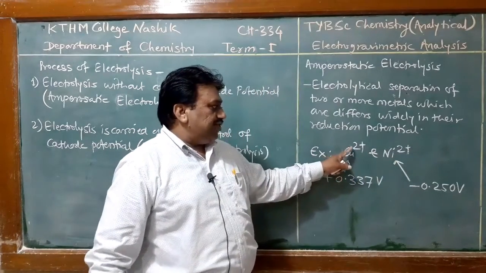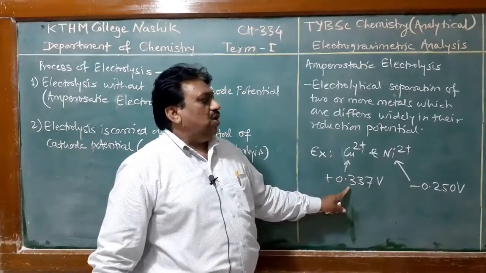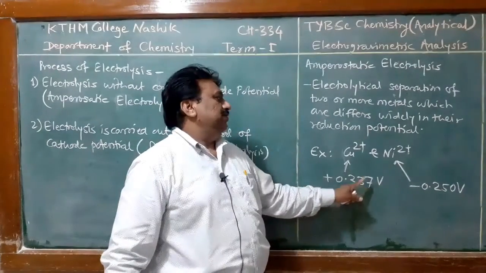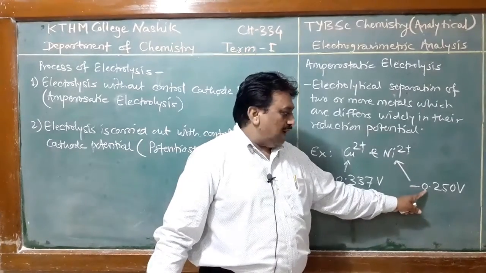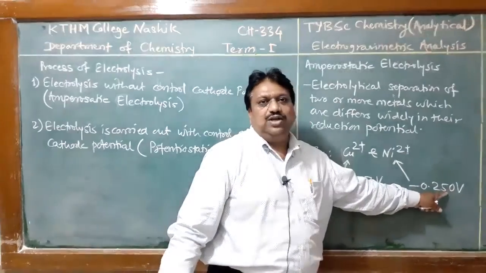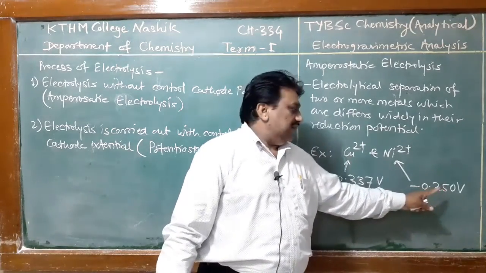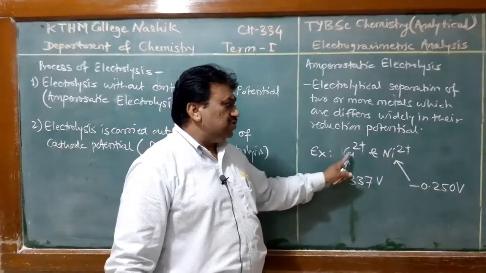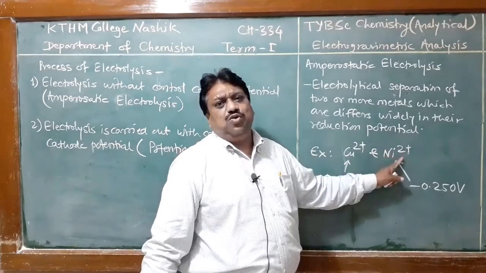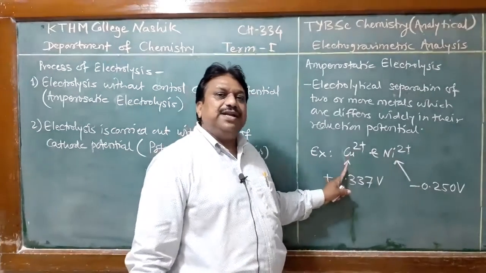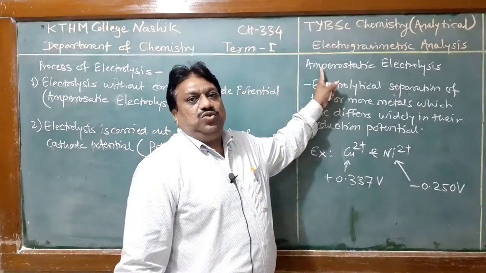For reduction of copper, we can keep the potential a little bit more negative than this value. Therefore, these two metals can be separated electrolytically by amperostatic electrolysis.